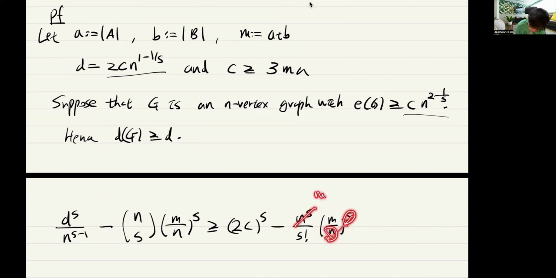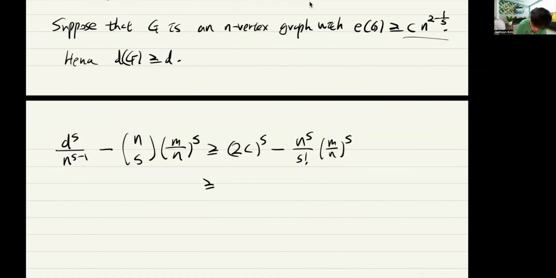You have m to the S, so this is bounded by m to the S. But C is much bigger than m, so this is smaller than C to the S. So the final number is well over C to the S, which is at least a.